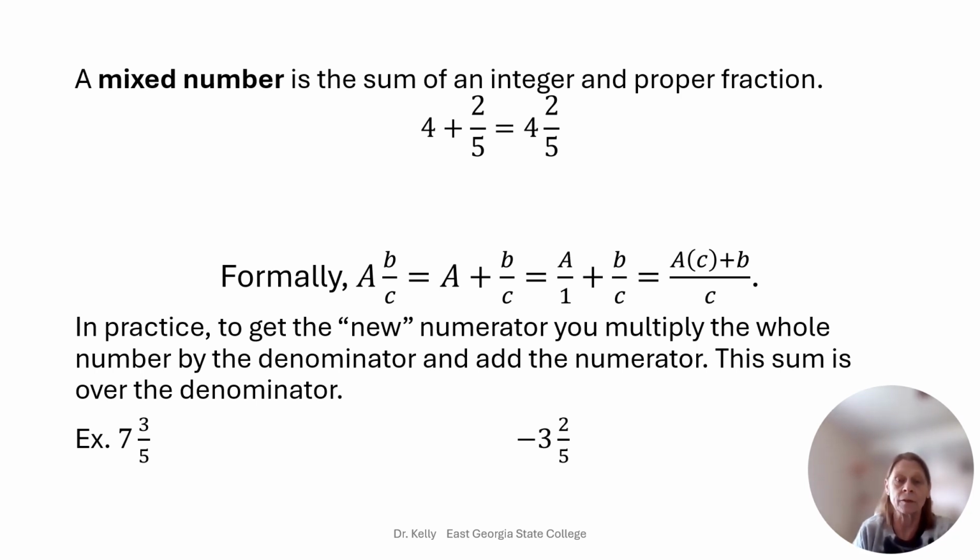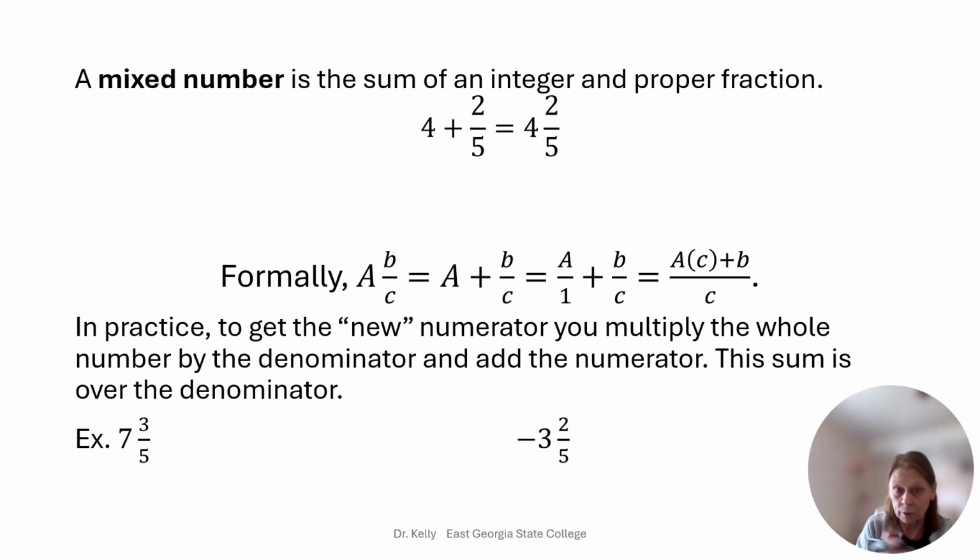Now, this is a big confusion that students have all the time, because it seems as though addition turns into multiplication here. And it really isn't the case. It's not magic. Addition does not become multiplication. But it is true when we add this whole number that this is how it comes together. Okay?